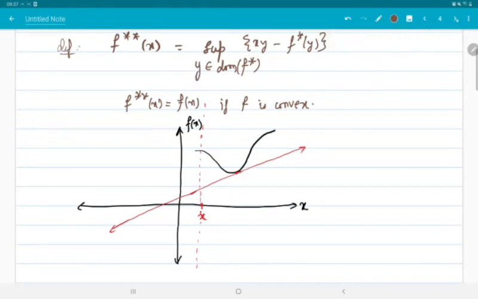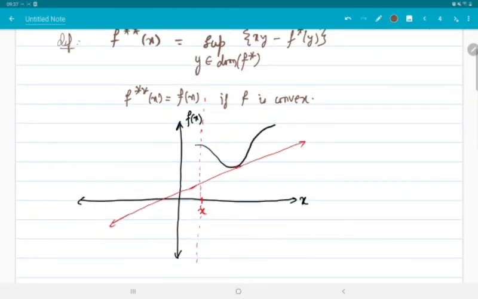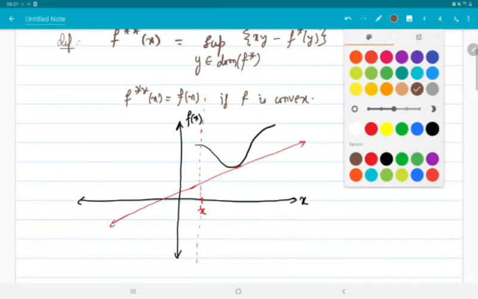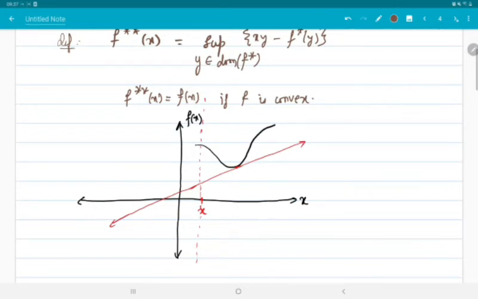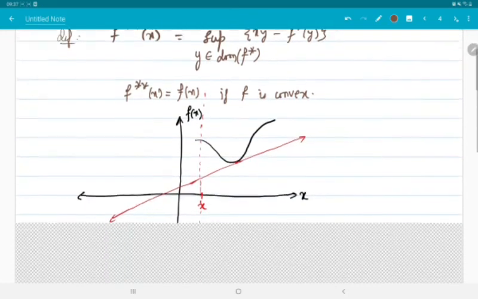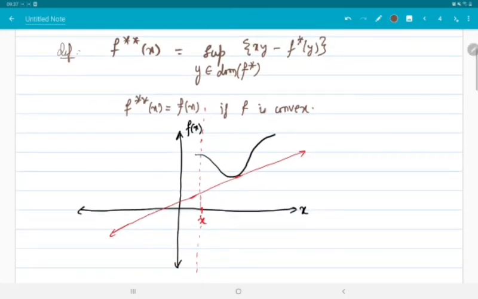This should be y. So as the expression suggests, we are taking a supremum over all the possible values of y. All the possible values of y for this given x will be covered by this dotted line.